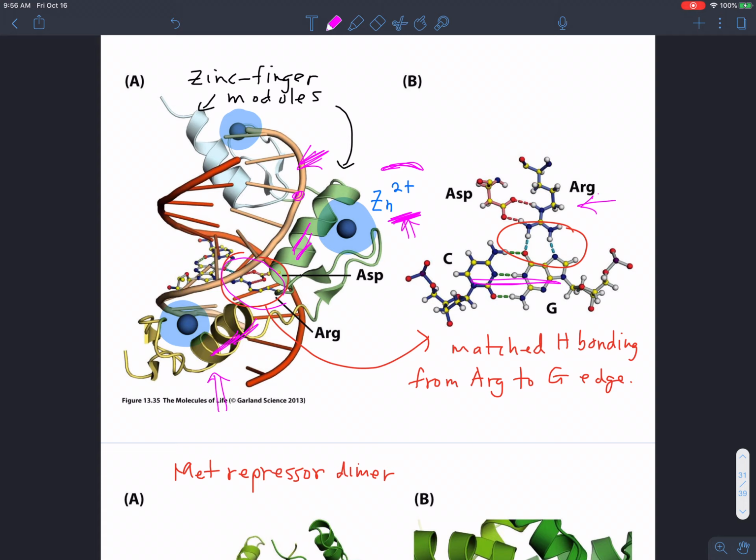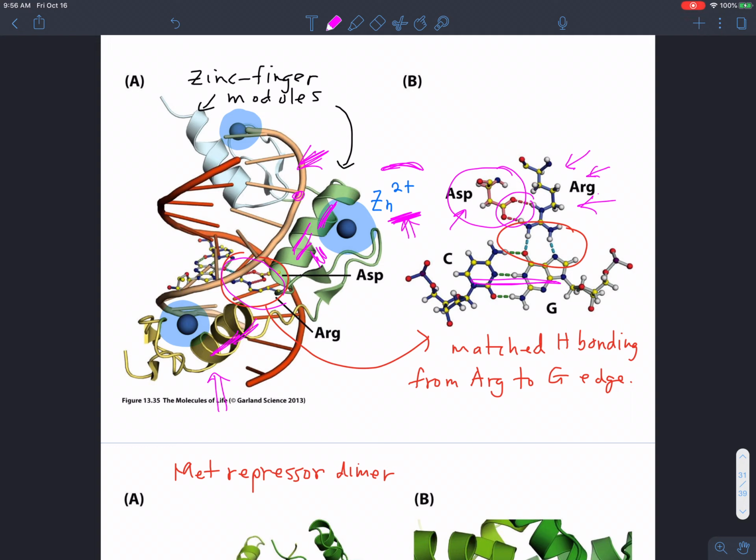And one extra feature that's occurring here that didn't show up in the last example is that this arginine is held in place by another side chain on the protein. This is an asparagine that is part of the zinc finger, part of the protein anyway, and it's hydrogen bonding to the arginine.